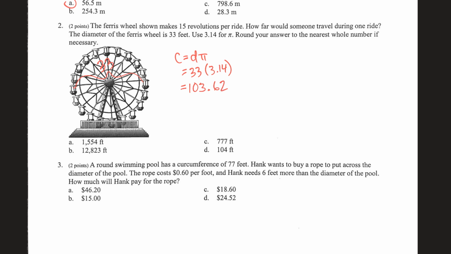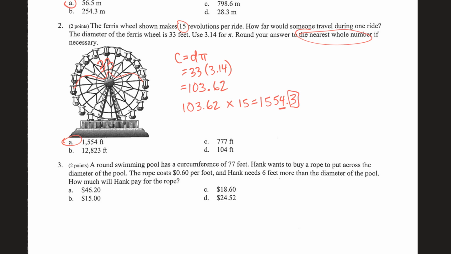And now I have 15 revolutions, so I have 103.62 times 15, and that is 1,554.3. Rounded to the nearest whole number, because that's what they say right here, I have to stop there and look at the 3, which is 4 or less. So it stays 1,554, which is A.